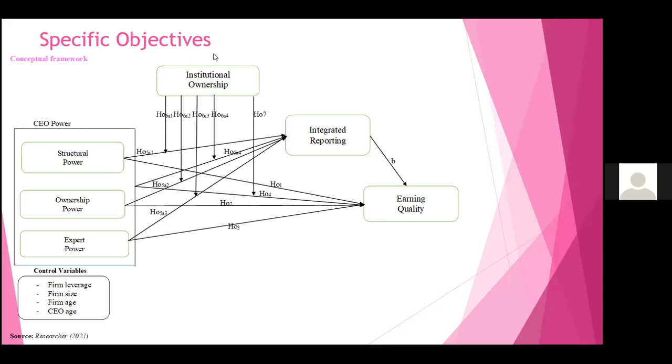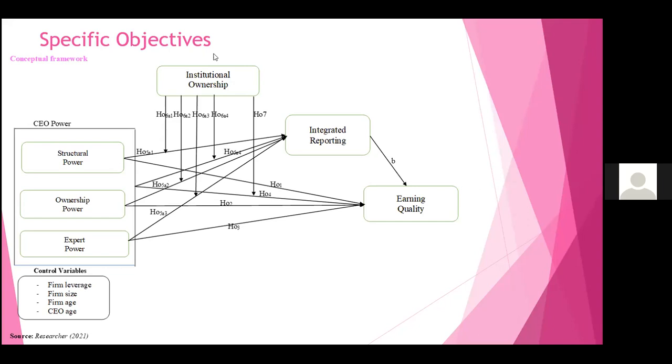Yes, you have used the upper echelons theory, which says organizational outcomes are a reflection of CEO values, but your IV is not about values, it's about power. I would suggest that maybe you consider looking at managerial power, the managerial power theory. Perhaps it could complement the upper echelons theory in explaining the effect of power.